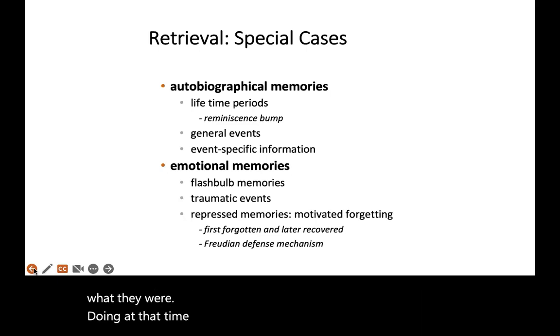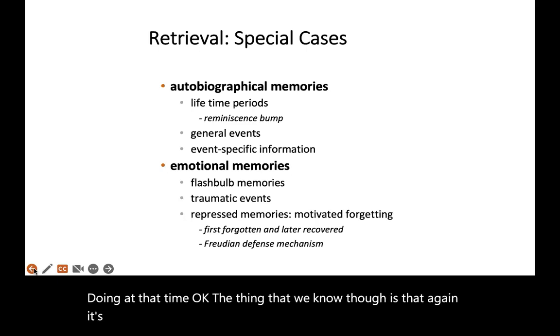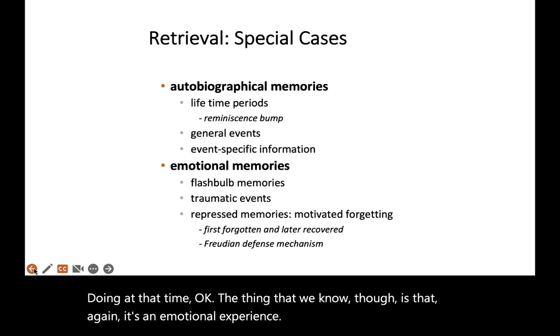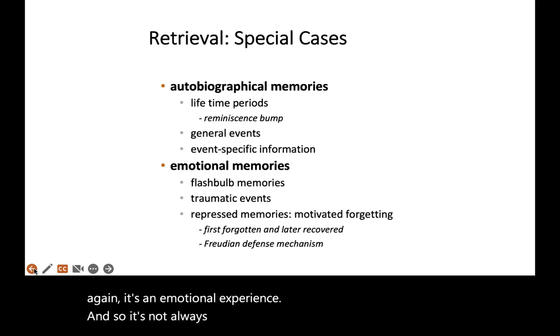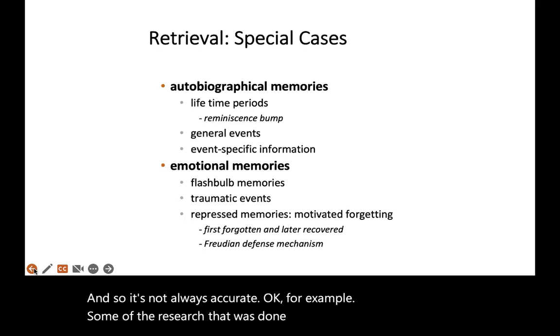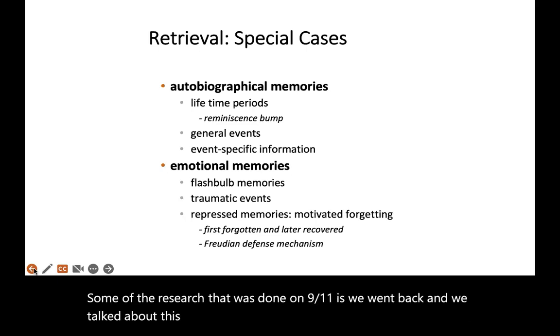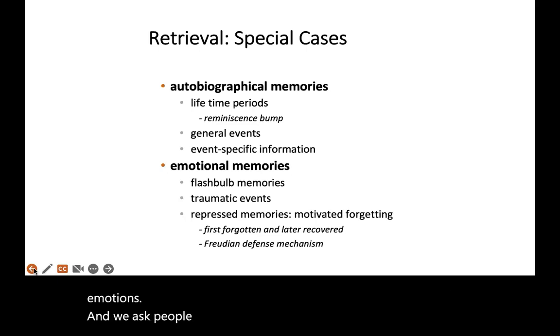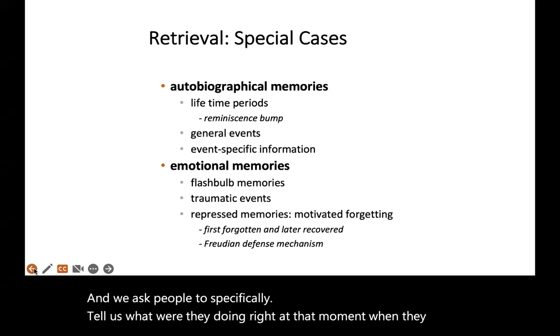The thing that we know, though, is that it's an emotional experience, and so it's not always accurate. For example, in some of the research done on 9/11, we went back and talked about this flashbulb experience, knowing that they're based on emotions, and we asked people to tell us specifically what they were doing right at that moment when they heard.